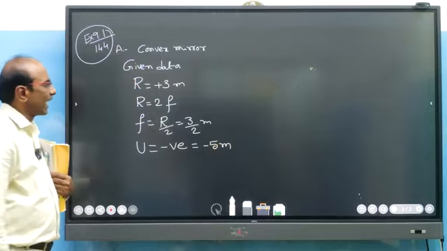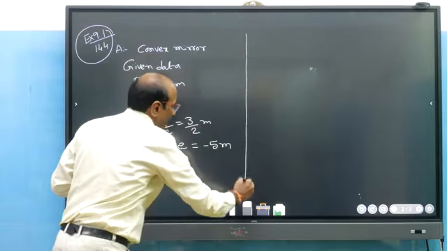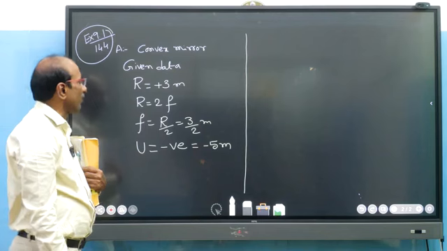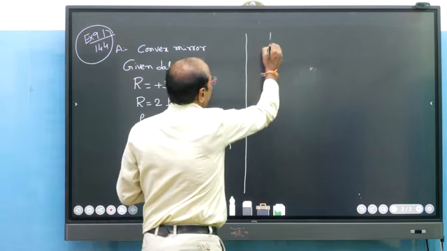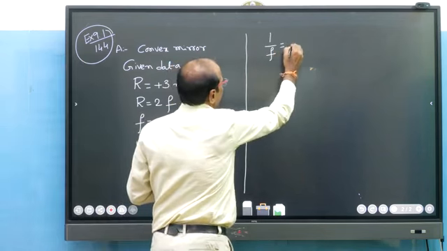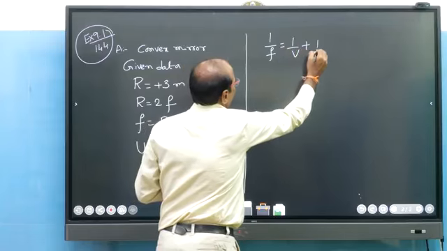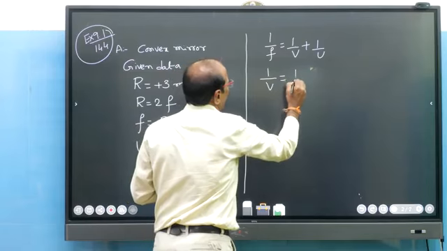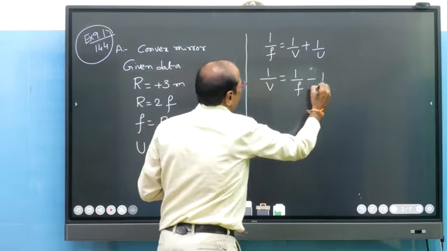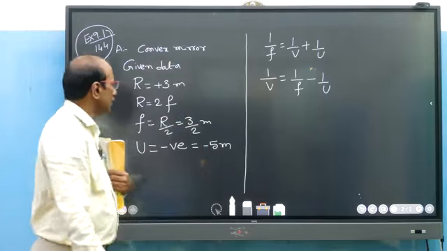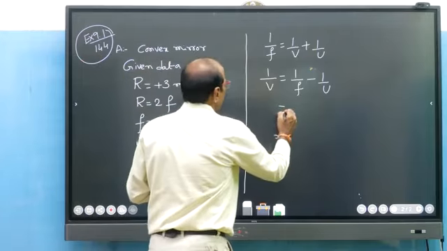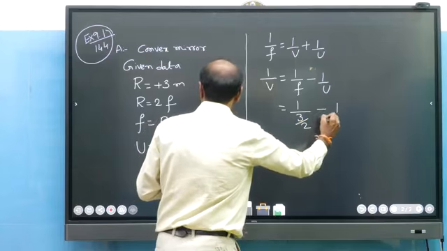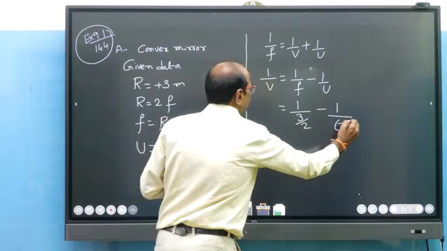Now you have to find the position of the image. How can you find it? Position of the image can be found by using the mirror formula, 1/F = 1/V + 1/U. So 1/V = 1/F minus 1/U. So 1/F is 1 by 3 by 2, which is 2/3, minus 1/U, which is minus 5.